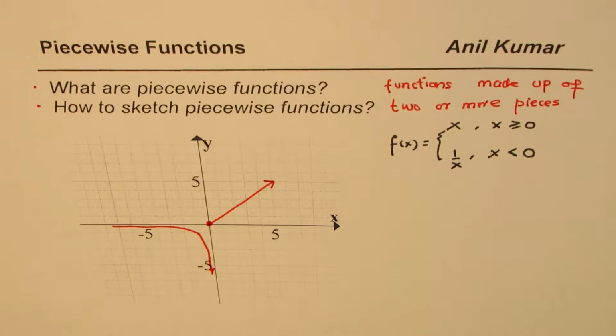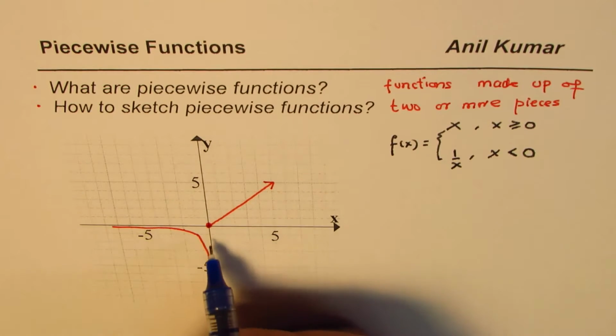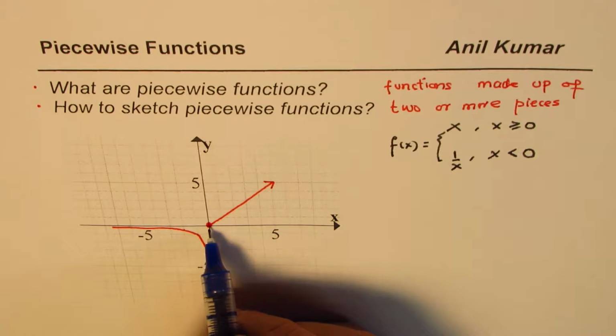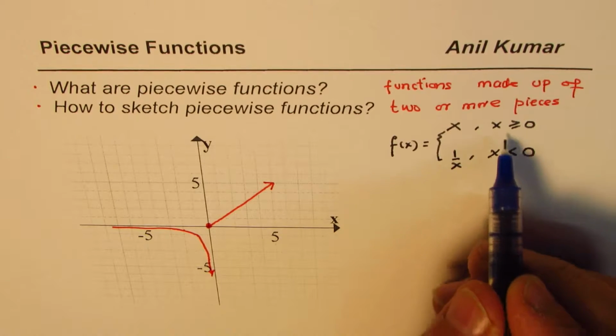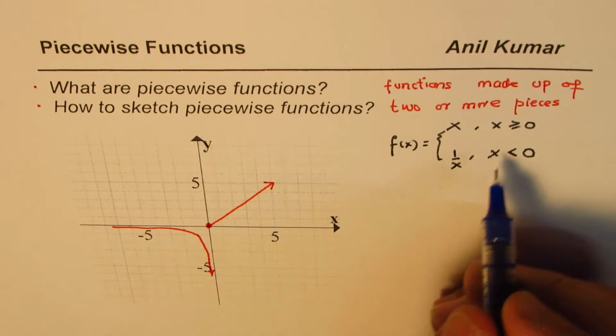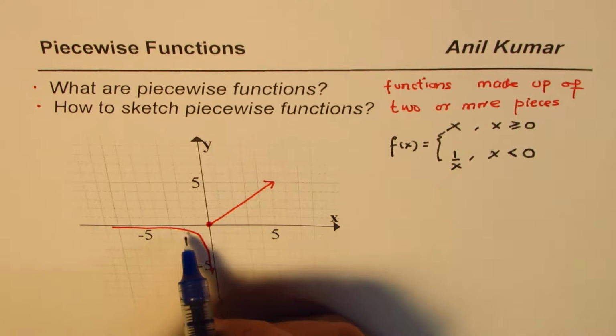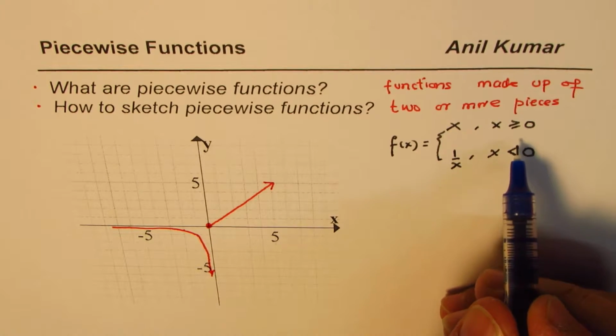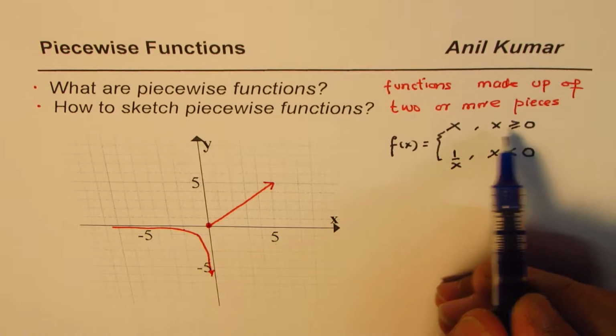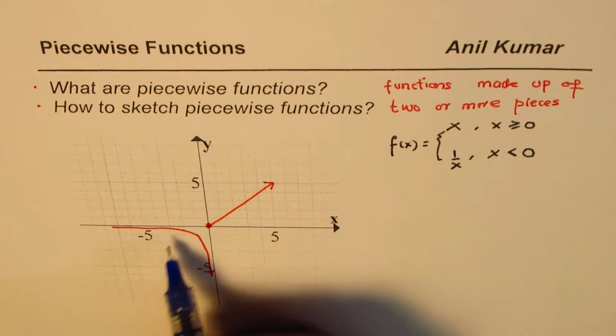As you can clearly see, in this function, we have a discontinuity at the origin. Individually, in their domains, both functions are continuous, right? But they have a discontinuity at the point where they're supposed to join. So at x equals 0, we find that there is a discontinuity.